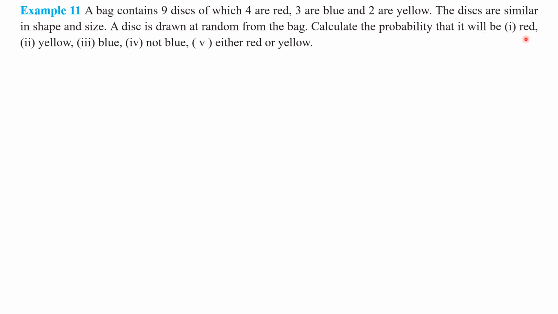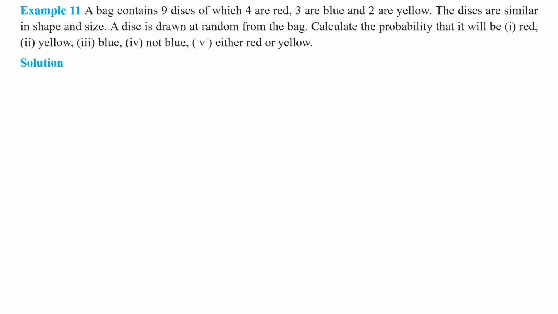What is the first event? The disc should be red. Second event, drawing a yellow disc. Third event, drawing a blue disc. Fourth, drawing a disc which is not blue. And fifth event, the disc drawn is either red or yellow. Understood this question, my children?